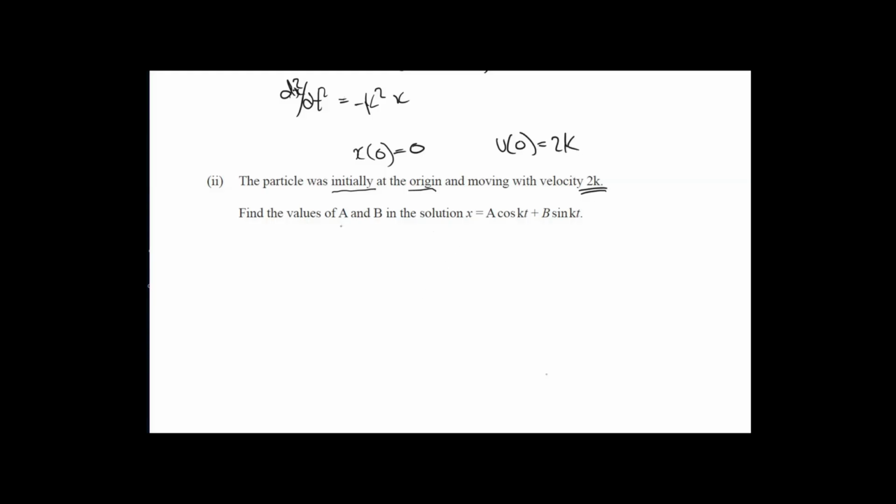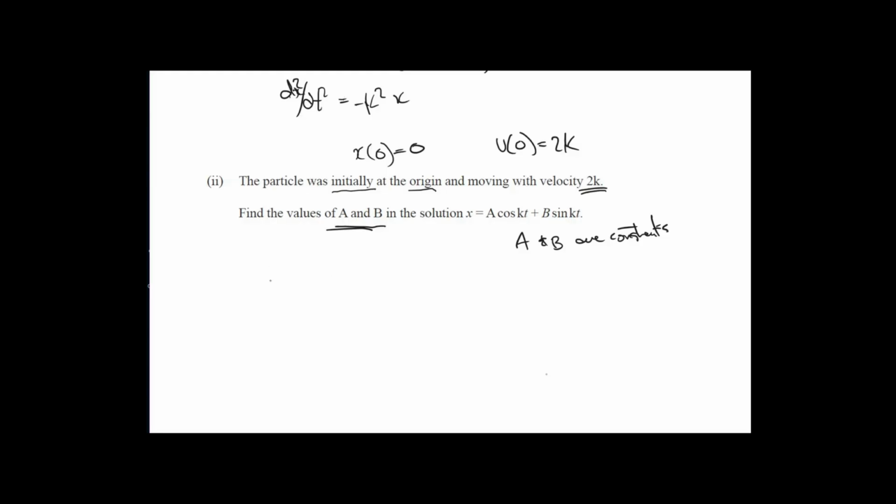We can use that now to find a and b in the solution. Remember that a and b are constants, so they can be greater than, equal to, or less than 0, and k is also a constant greater than 0.